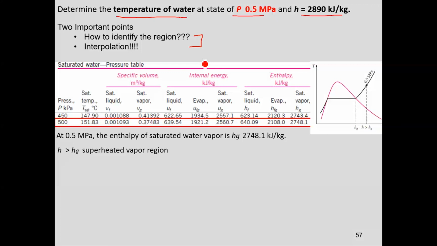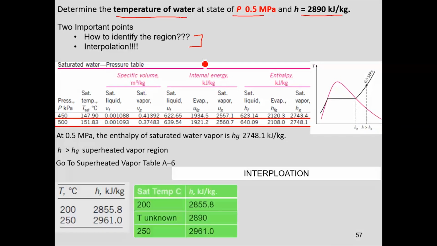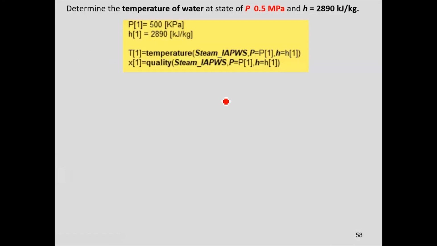Now, when you are doing it with the software, I'll show you how this would be done. So the first thing is you will specify your pressure, which is stored in column P row 1. The second thing is your enthalpy stored in column H row 1. The next thing is you ask the software to calculate the temperature.